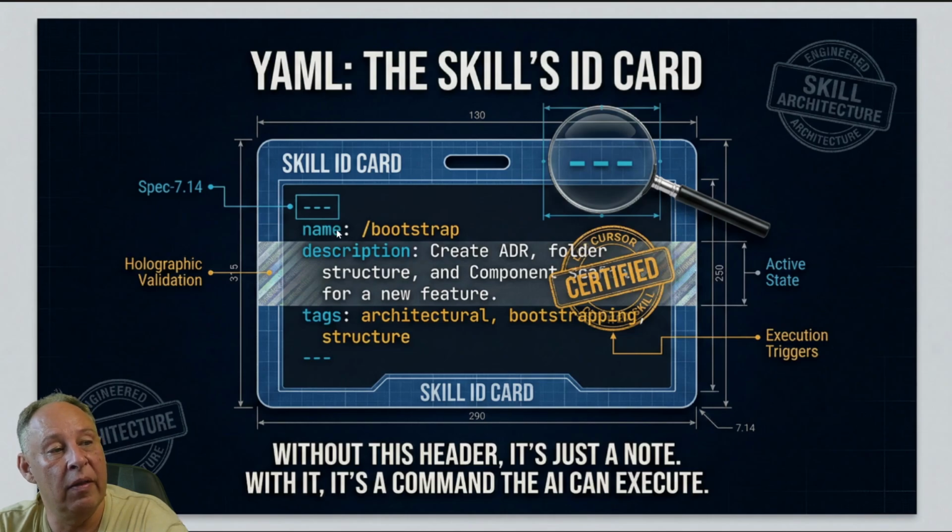The key will be the name, the value will be Bootstrap. The key will be description, the value will be the description of what you're going to do. In YAML, you can also use a tags colon and give some tags that makes it easier for Cursor to know when to execute this. So there's a lot around YAML, but these are the three basic things.